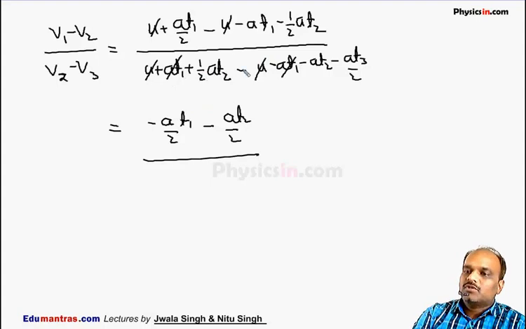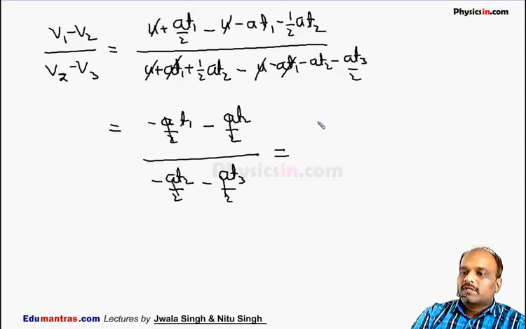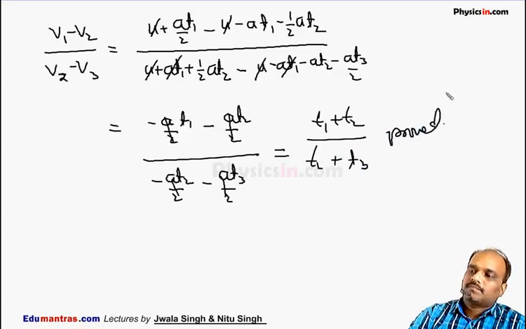It is half AT2 minus half AT2, which comes out to be minus AT2 by 2 minus AT3 by 2. From here this A by 2 will cancel out, and this minus sign will cancel out. We get (T1 plus T2) divided by (T2 plus T3). So hence it is proved.